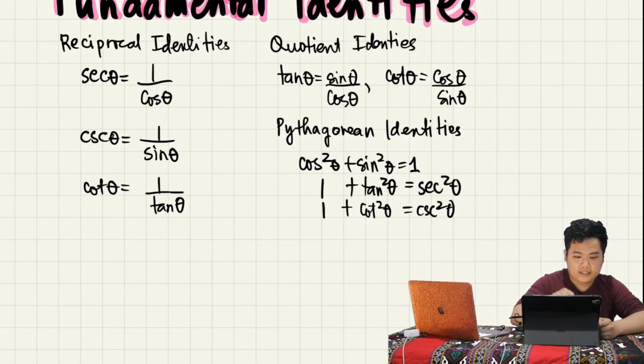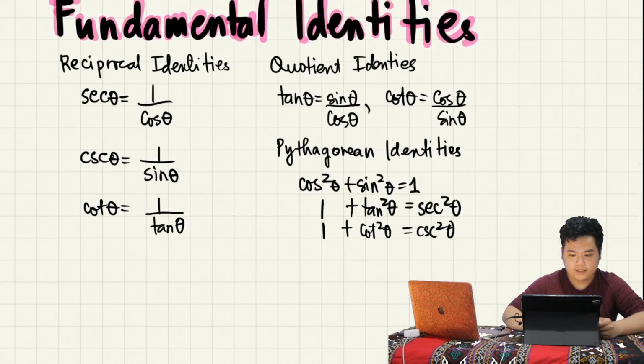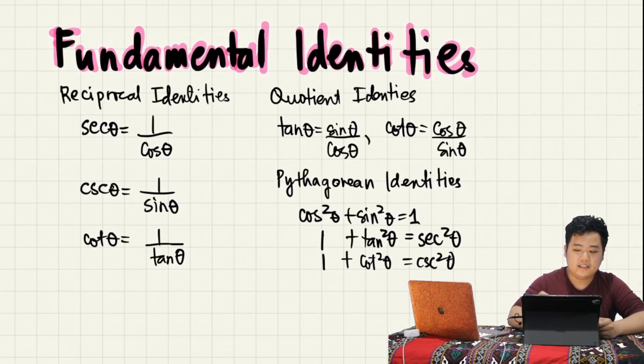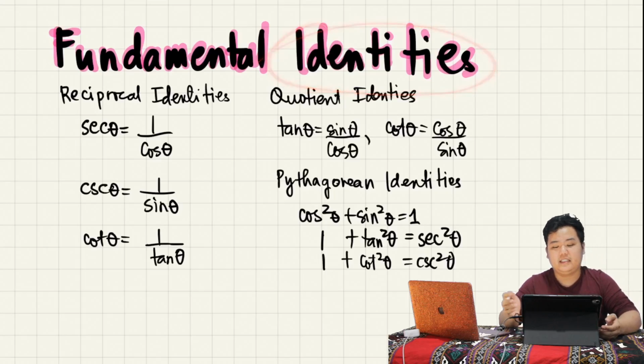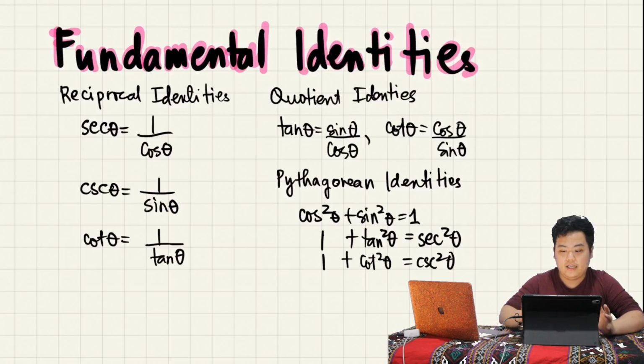So, let us use these identities. Okay? Ano pala ibig sabihin na identities? Pag sinabing identities, equation siya which is always true for all allowable na variable na ipasok mo. In this case, theta. Okay, so for all allowable theta.